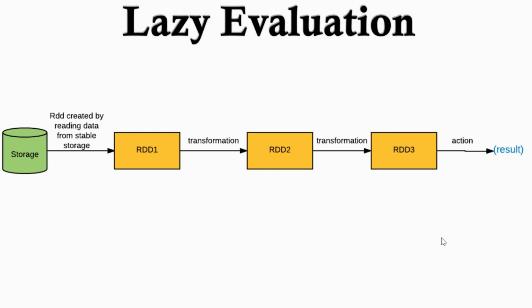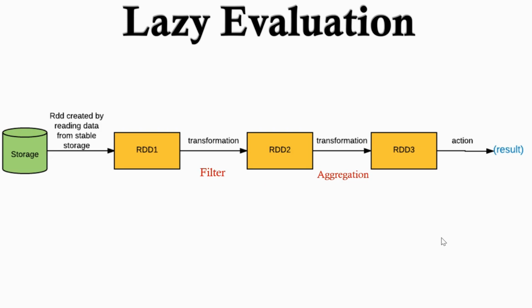After we read the file as RDD1, we need some kind of filter operation to be performed on that RDD1. After the filter operation is performed, it creates a new RDD called RDD2. Let's say on top of that filtered data, we want to do some more transformation, such as an aggregation on top of RDD2. That we can do, and it again creates a new RDD, that is RDD3.